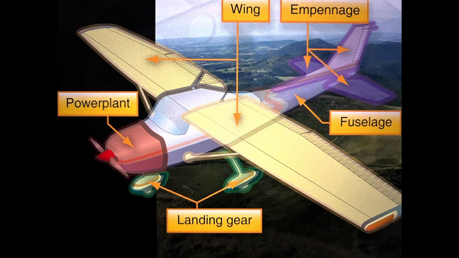Furthermore, the main function of the engine is to provide power to the propeller, and it also generates electric power. It also provides a vacuum source to the instruments, and sometimes it provides heat to the pilots, the cabin crew, and passengers.